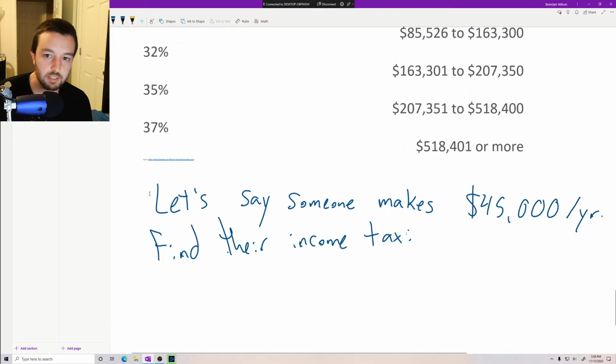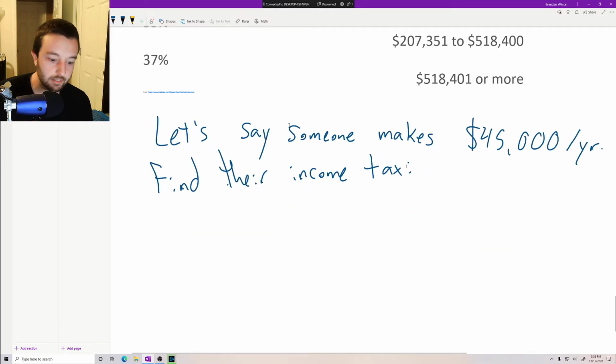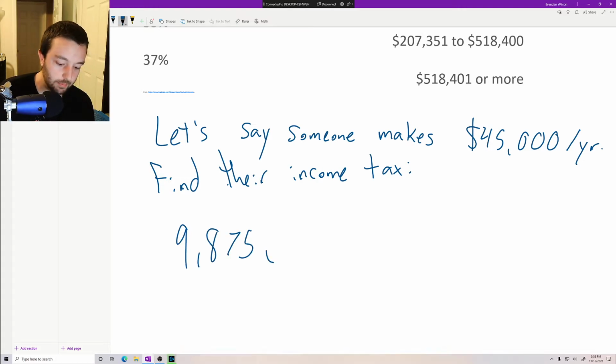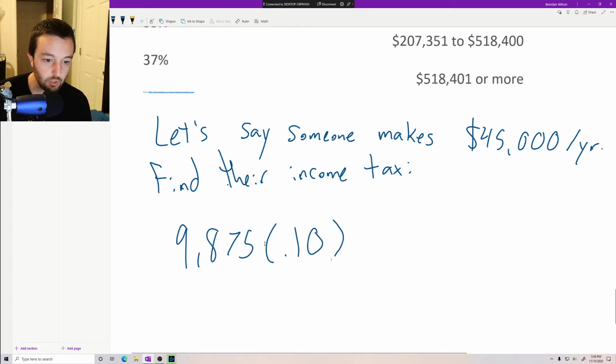So the first $9,875 is always taxed at 10%. So we're going to do 10% of 9,875, or 10% times 9,875, because that's what that word "of" means.